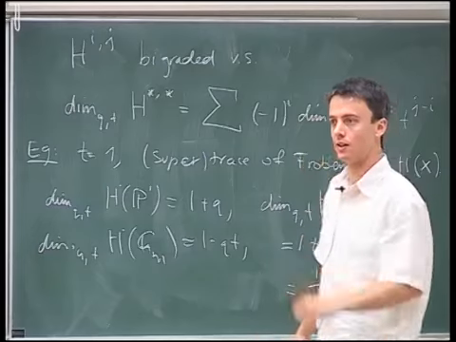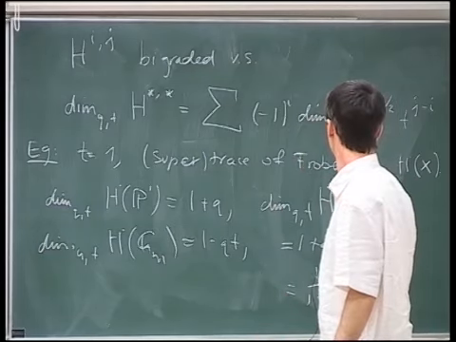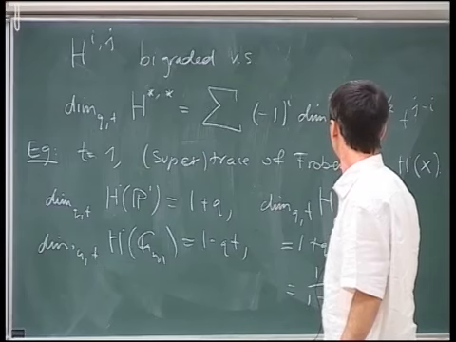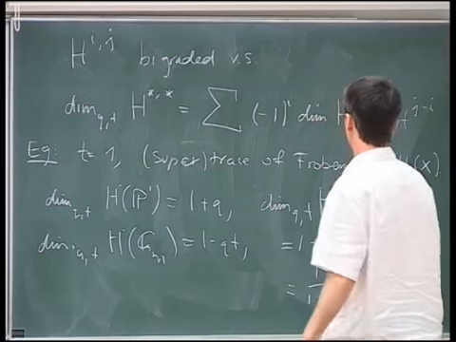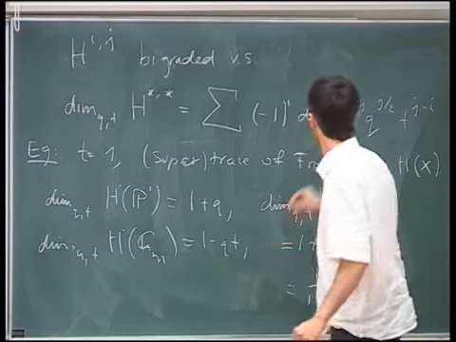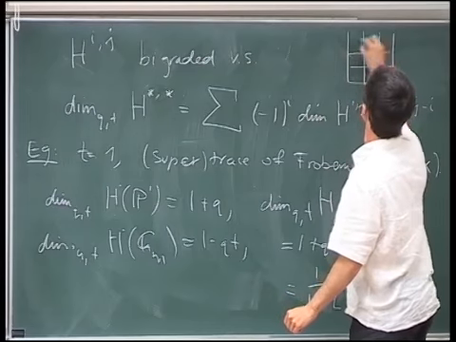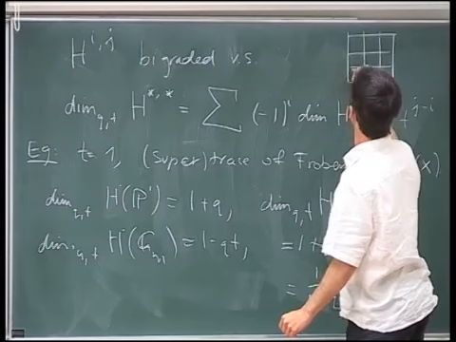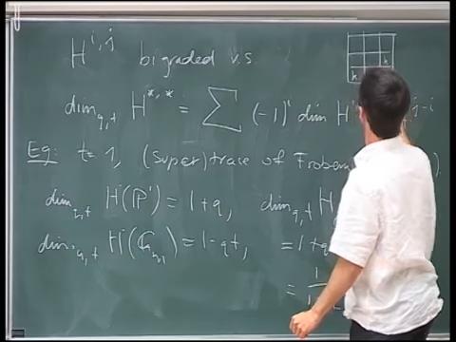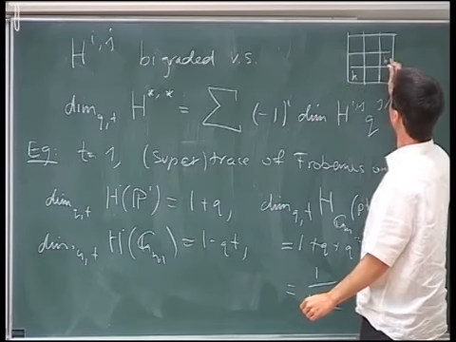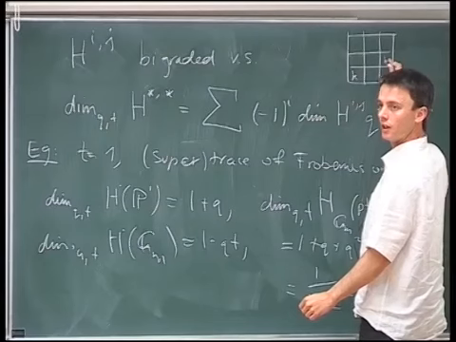Are you sure about Gm? Will the Gm be each one, even if it's 1 minus q, 1 half? Yes, but here we have, this is Gm. So here, Frobenius acts by q here.